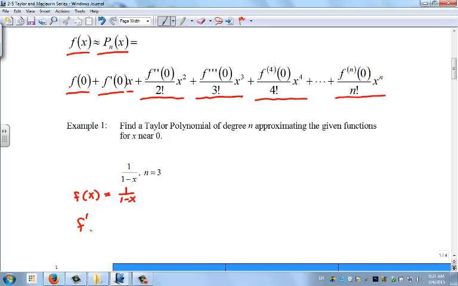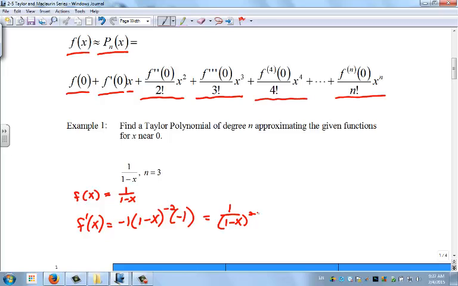F prime of x is equal to negative 1 times 1 minus x to the negative 2. And then we have to take the derivative of the inside, which is negative 1. So when we simplify this, the negative 1 times negative 1 gives us a positive 1, and we end up with 1 over 1 minus x squared.